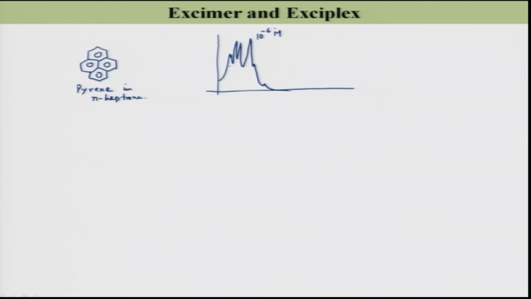increase. Let us say, for example, from 10 to the power minus 6 I make it 2 into 10 to the power minus 6. Then obviously we are going to see the intensity increase like this. So, here is 2 into 10 to the power minus 6.